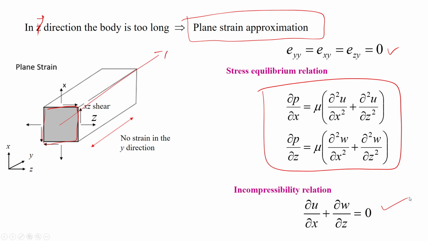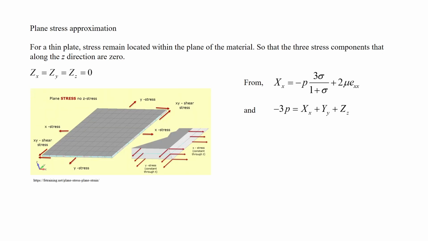The plane strain approximation will be used in this particular course a lot, and this is because of the simplification that we can obtain by this. Similarly, there is another approximation, what is known as the plane stress approximation. In the case of plane stress approximation, what we have is basically a thin plate, a thin sheet in the x y plane, with x and y directions in the plane, and the z direction perpendicular. Inside this elastic sheet, the stresses do not develop in the z direction.